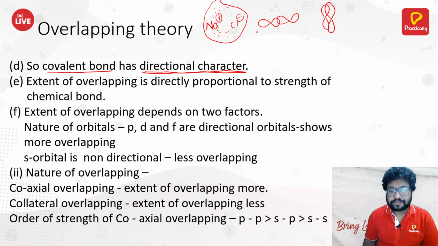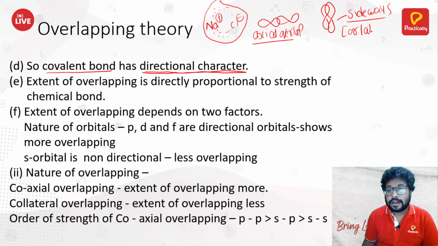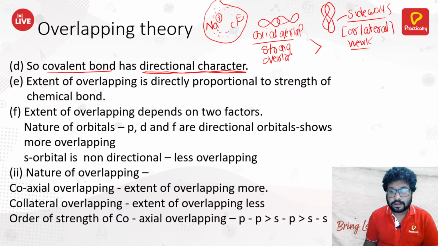This is axial overlap. This is sideways or lateral overlap. So this is weak overlap and this is strong overlap. Strong overlap will give you a strong bond.